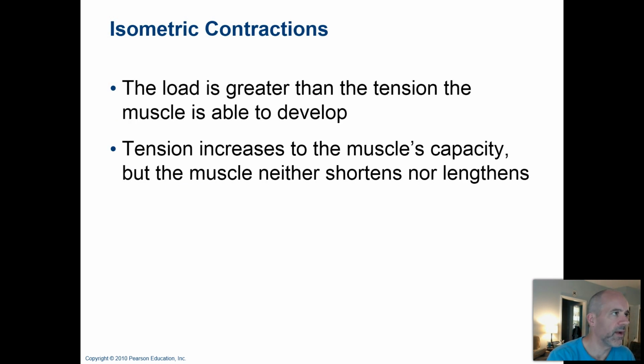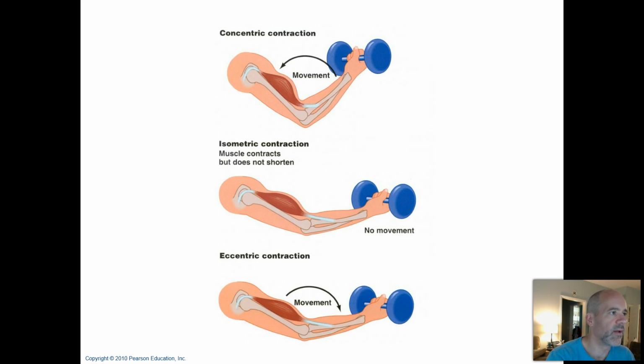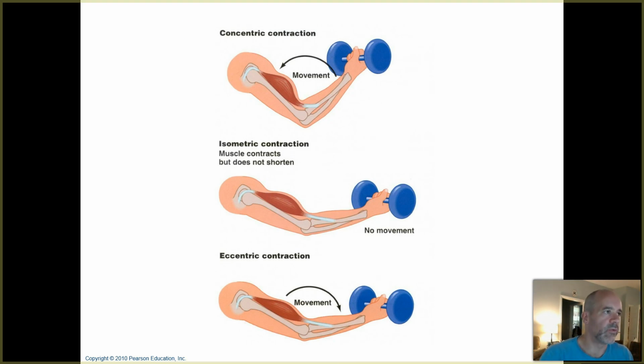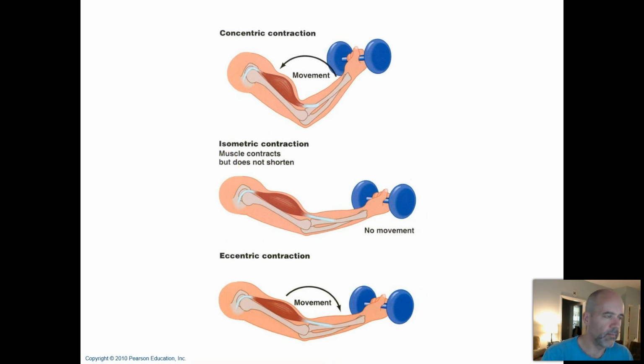We've already talked about what isometric contractions are, so you've got that written information in there. But let's move over here onto this one, because this is going to give you a visual of what I've been talking about. All right, so a concentric contraction is like if you're holding a dumbbell in your fist, there's your biceps brachii muscle.